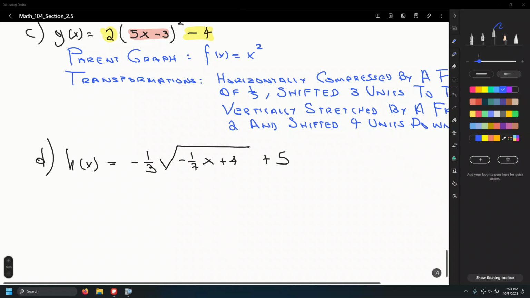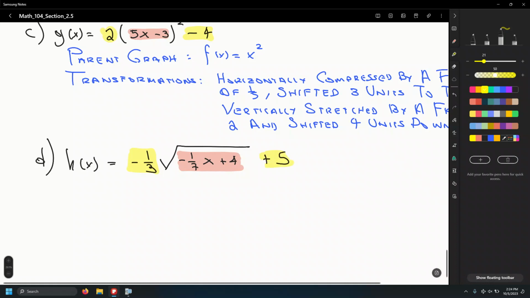Number one, everything related to the horizontal transformations, which is the quantity inside of the radical, that is the negative 1/7 x plus 4, and save the rest for the outside: negative 1/3 plus 5.